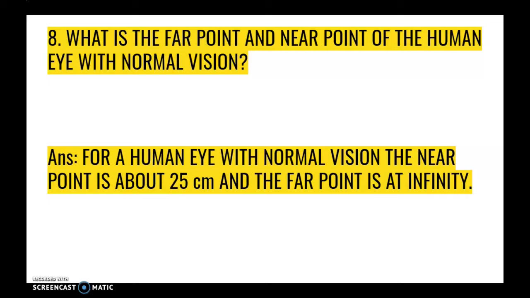What is the far point and near point of the human eye with normal vision? Answer: for a human eye with normal vision, the near point is about 25 centimeter and the far point is at infinity.